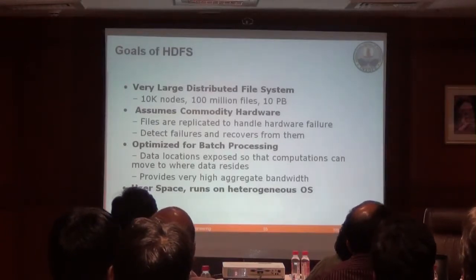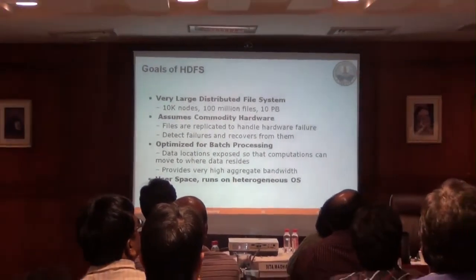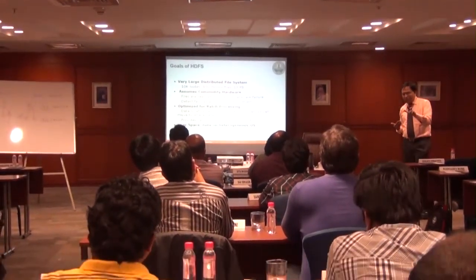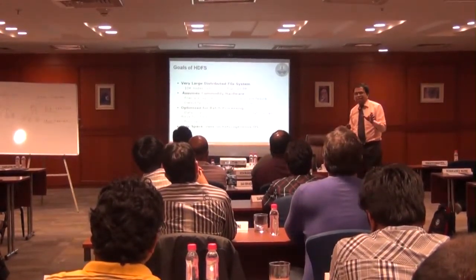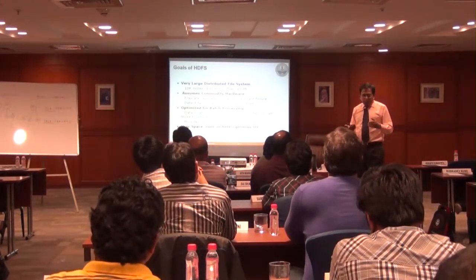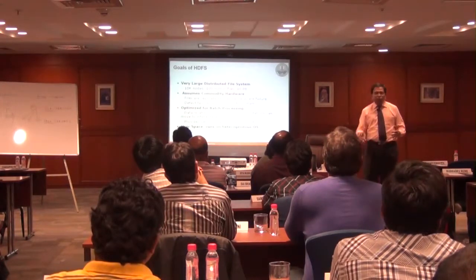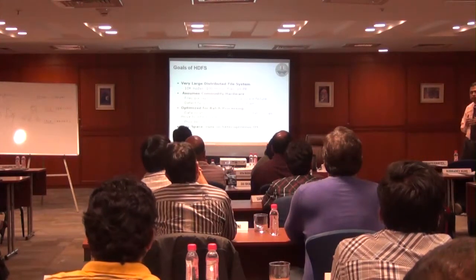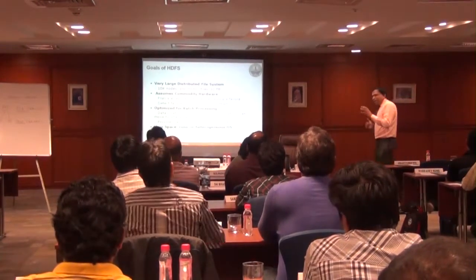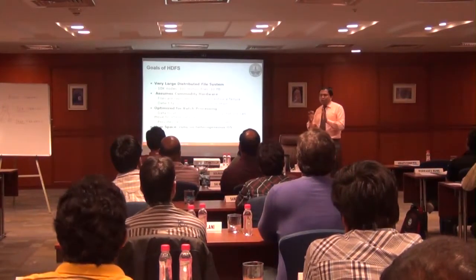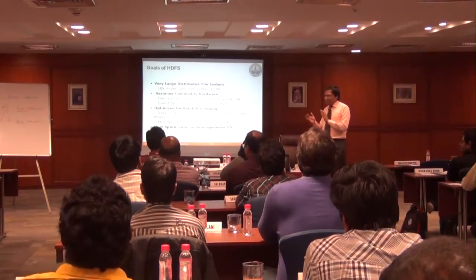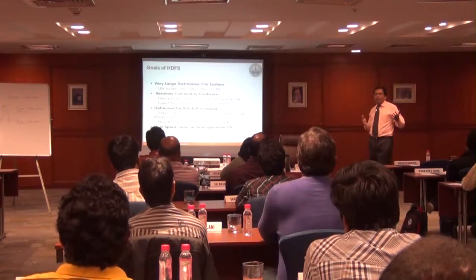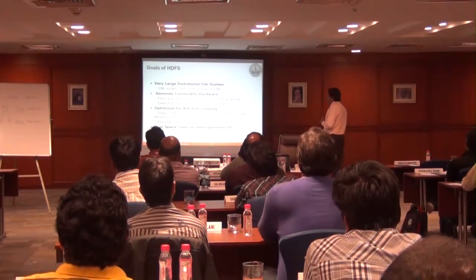So if you have too many files, then the amount of metadata that name node needs to keep is very large. That's why you are having 64 MB, 128 MB block sizes. If you allow files like in a regular file system of 5 kilobytes, 10 kilobytes, then you would put a lot of load on the name node. That is why relatively large files, 64 MB, 128 MB blocks, a very reasonable number of them, not a very large number of them, is what we try to do.